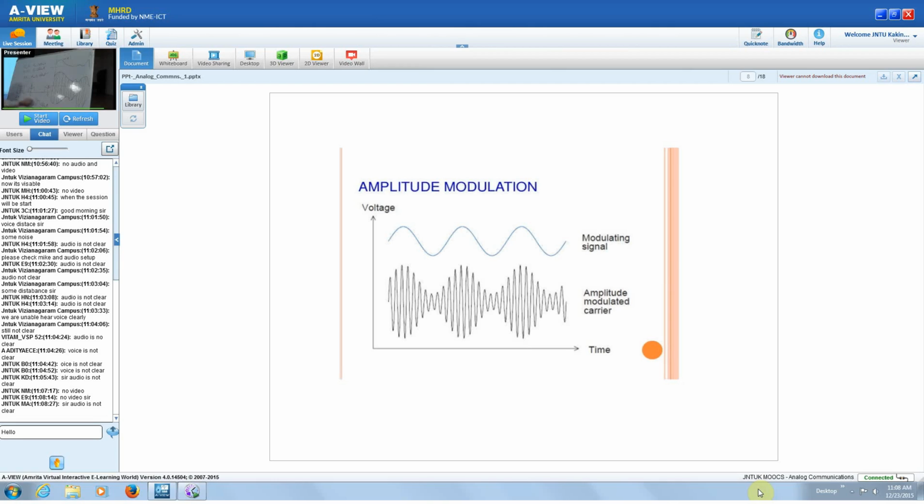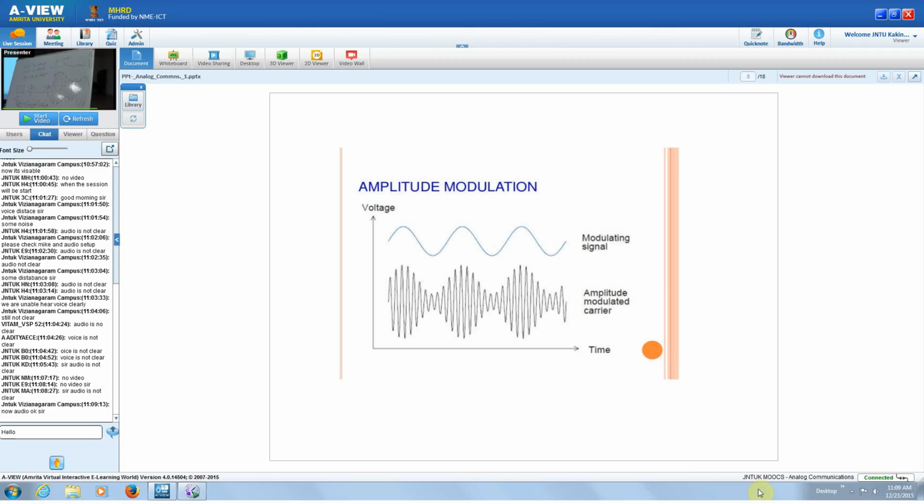Because what we have is A_c cos omega_c t, and A_c k m(t) cos omega_c t. So A_c cos omega_c t gives those two spectral lines at f_c and minus f_c, while k m(t) cos omega_c t is the frequency translated spectrum. That's why we have this signal in the frequency domain.